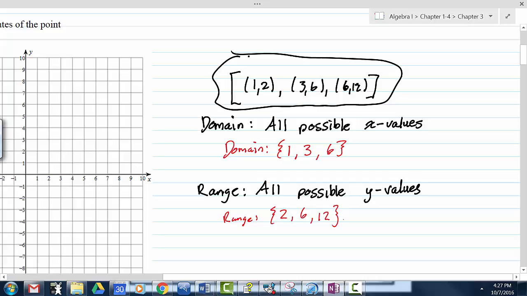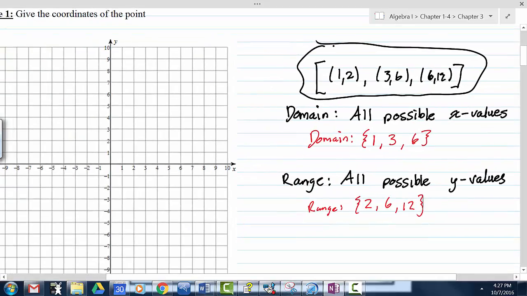So you see where the domain is, you see where the range is. Now, if I plotted this on a graph, all you have is (1, 2), (3, 6), and, well, (6, 12). (6, 12) will be like up here somewhere. I should have picked a better point.